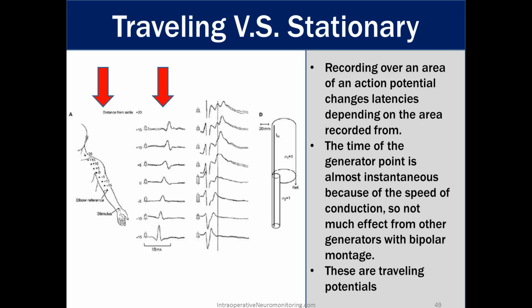It gets a little lower when we're going through that thick bicep, but it's very high when we're in the very superficial part near the elbow, as well as Erb's point. But for all intents and purposes, that's the same potential, and it is changing latency as it goes further along the nerve. So recording over an area of an action potential changes latency depending on the area recorded from.